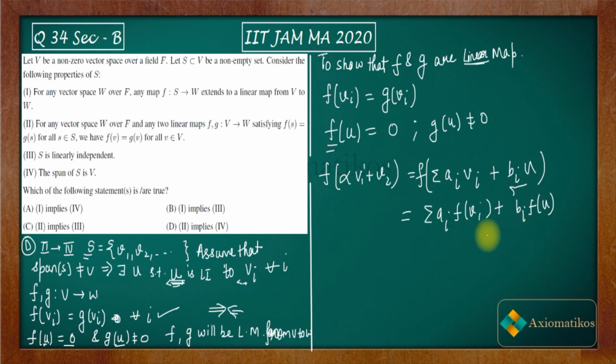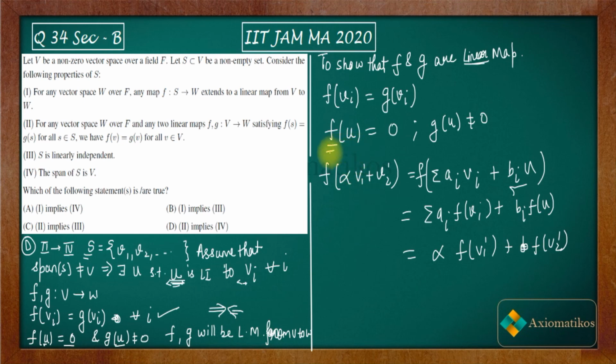Are you getting my point? You can now write this as alpha of F of V1 dash plus beta of F of V2 dash. It is easy to show. So finally this will be a linear map.